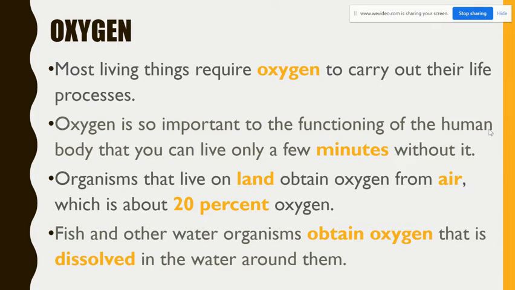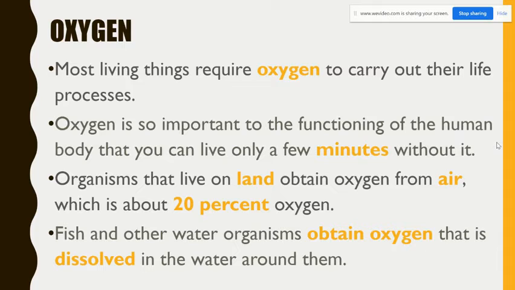Then oxygen is another abiotic factor, or the air and other gases that we breathe. Oxygen is very important because it helps us carry out our life processes. It helps human bodies breathe and function, and humans can only live a few minutes without oxygen. That's our blood circulating and moving that oxygen around so our organs can function and we can stay alive.